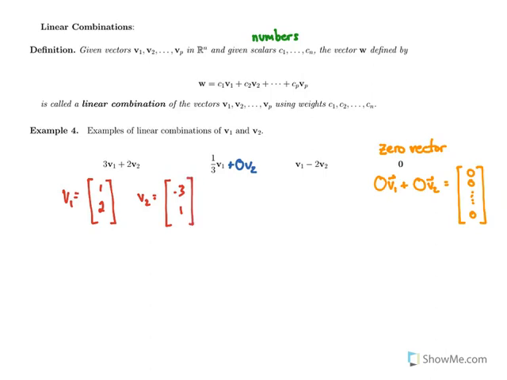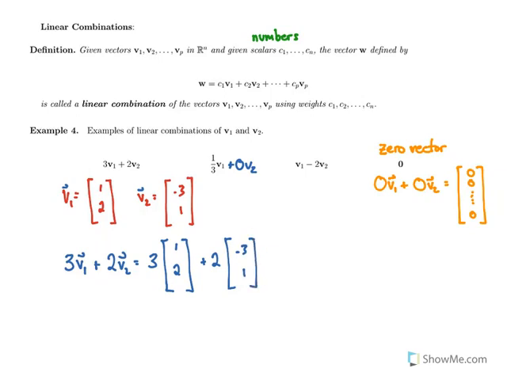Now when I do this 3v1 plus 2v2, that's going to give us 3 times 1, 2, plus 2 times -3, 1, which would give us the vector 3, 6, if we multiply the 3 there, and the vector -6, 2. And if we add those together, we get -3, 8.